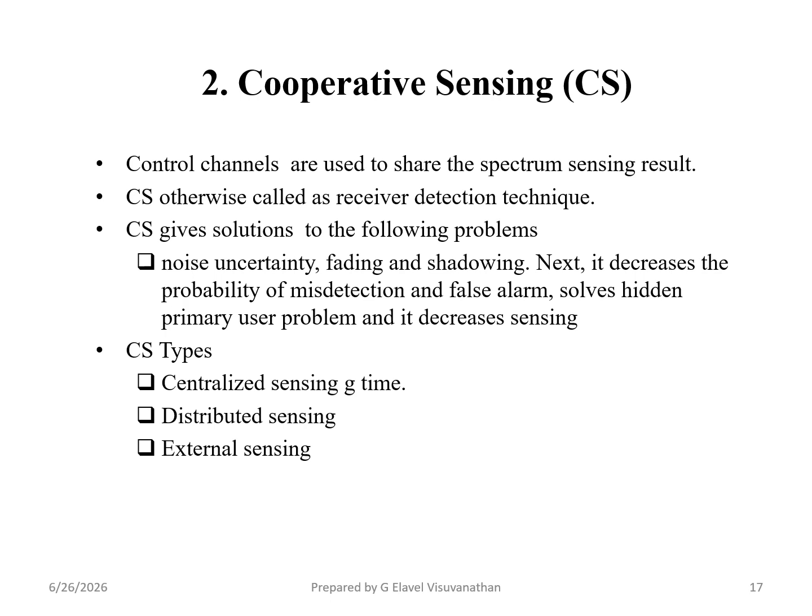The previous one, non-cooperative, is a transmitter detection. Cooperative sensing is a receiver detection technique, which gives a solution to the following problems: noise uncertainty, fading, and shadowing. So for this, cooperative sensing will give a better solution. Next, the cooperative sensing types are centralized, distributive, and external.